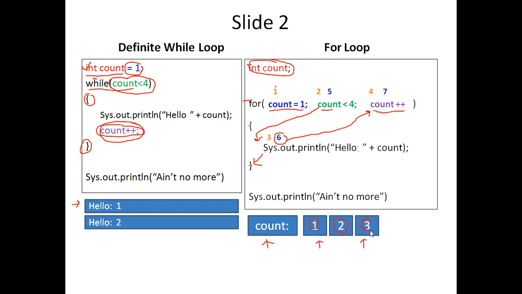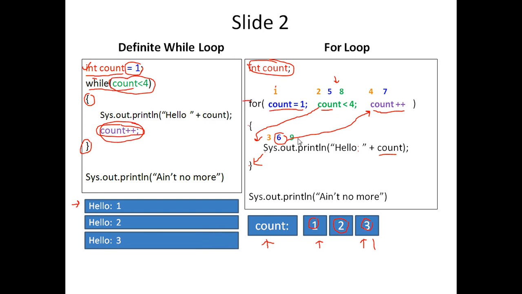So now count is 3, and so the question is, now we're going to come back up here again and go, okay, is 3 less than 4? Well, yes it is. So now we're going to jump back in the loop. And then we're printing hello and the value of count. And the count, of course, is 3. So it's going to say hello 3.